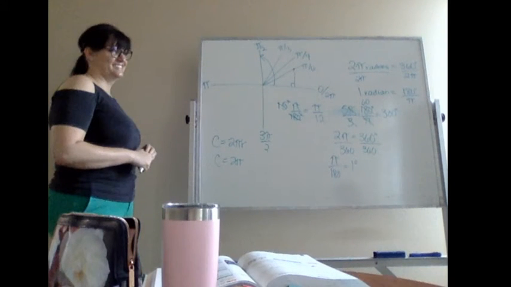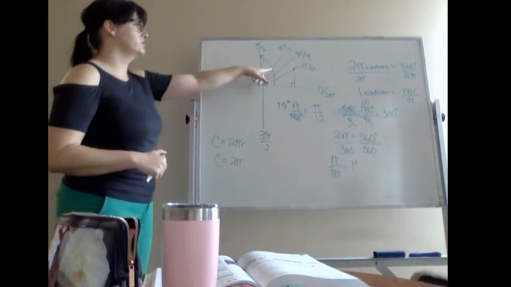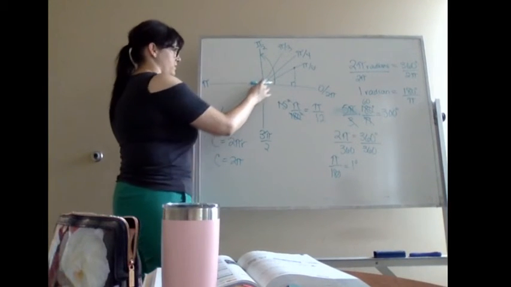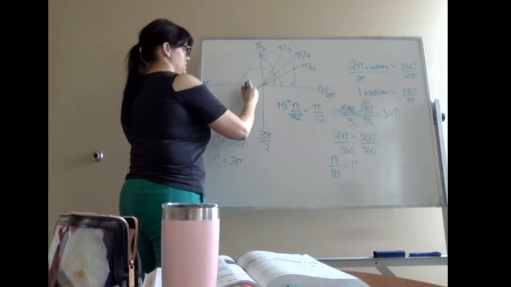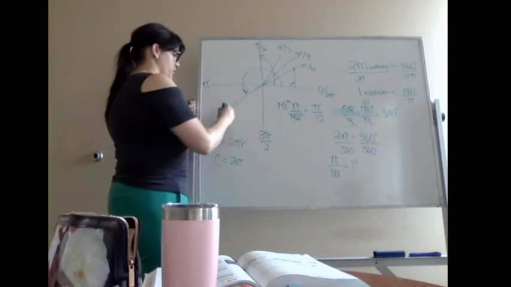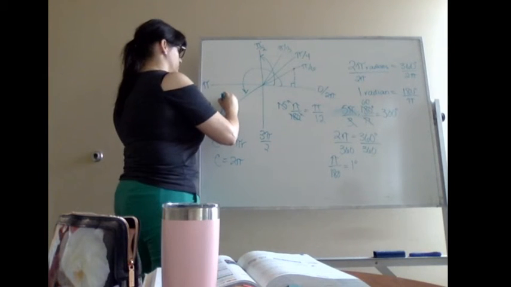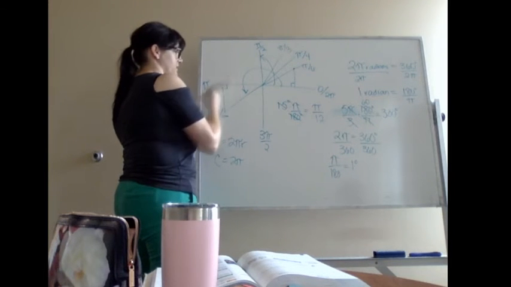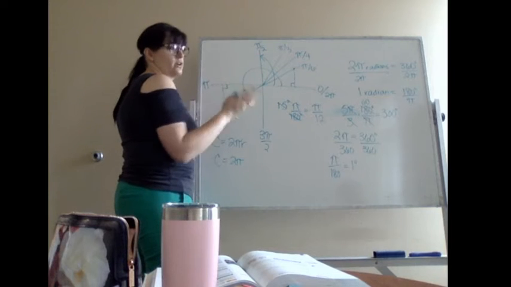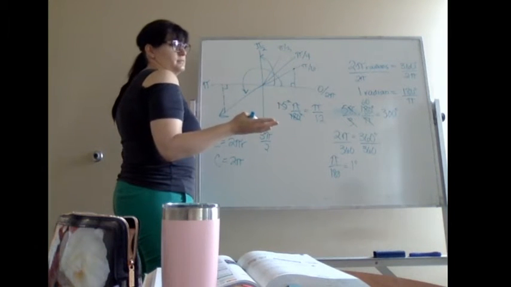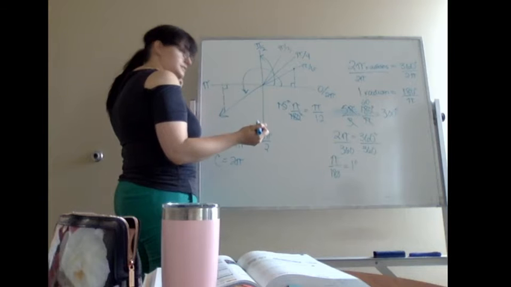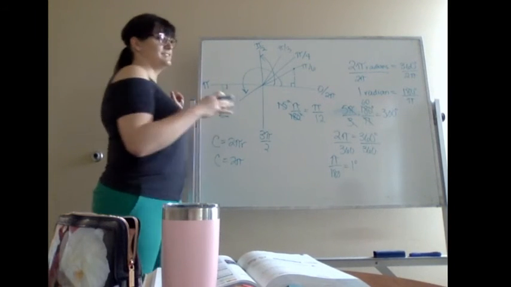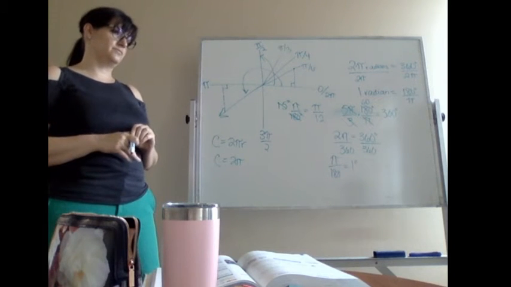So you can make a triangle out of any of these angles, like here. You have this angle going from here to here. If we want to use our trig functions on that angle, we would draw this line to the nearest x-axis, and we would just have an upside-down triangle.